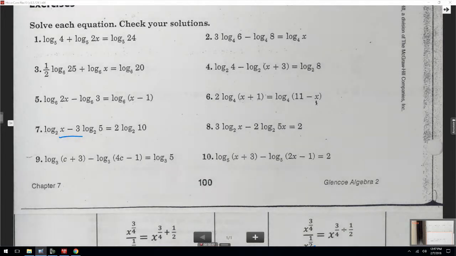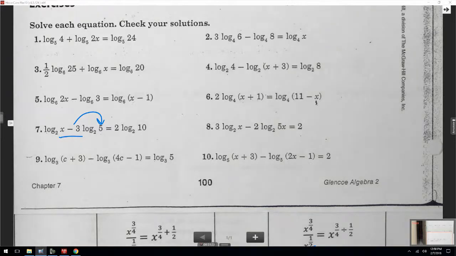No. Which means that 3 does not go with the x. It goes with the logarithm. It is a power, and it goes with a logarithm. Does that make sense to everybody? Subtraction. So that would be what? Division. There you go. If it had parentheses, that would mean something different, but it doesn't have parentheses.